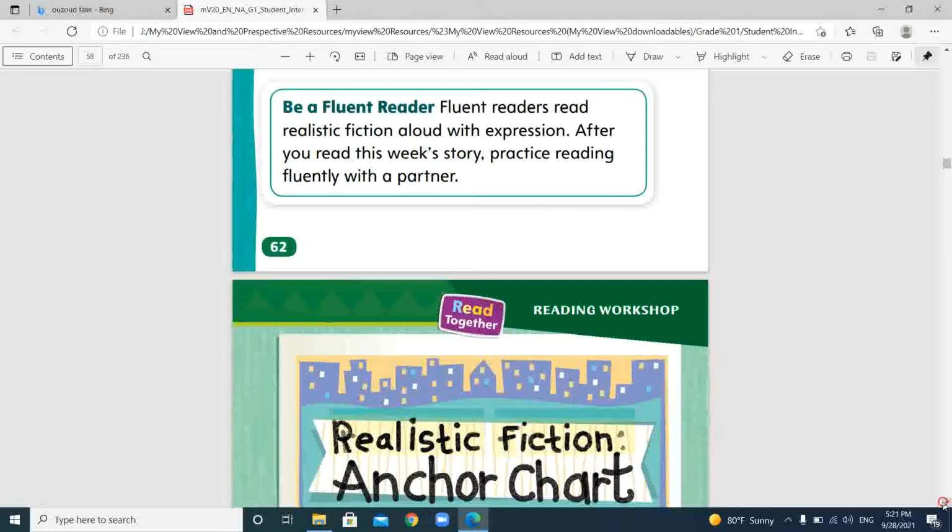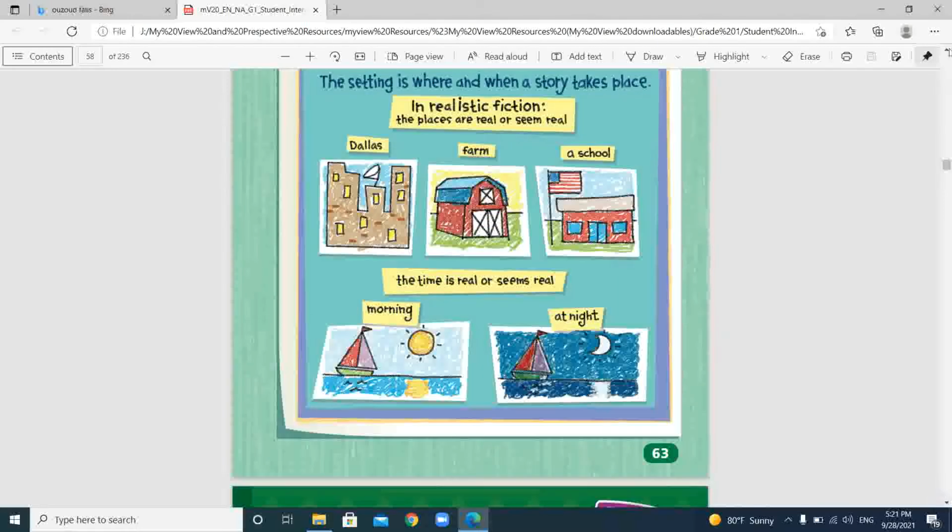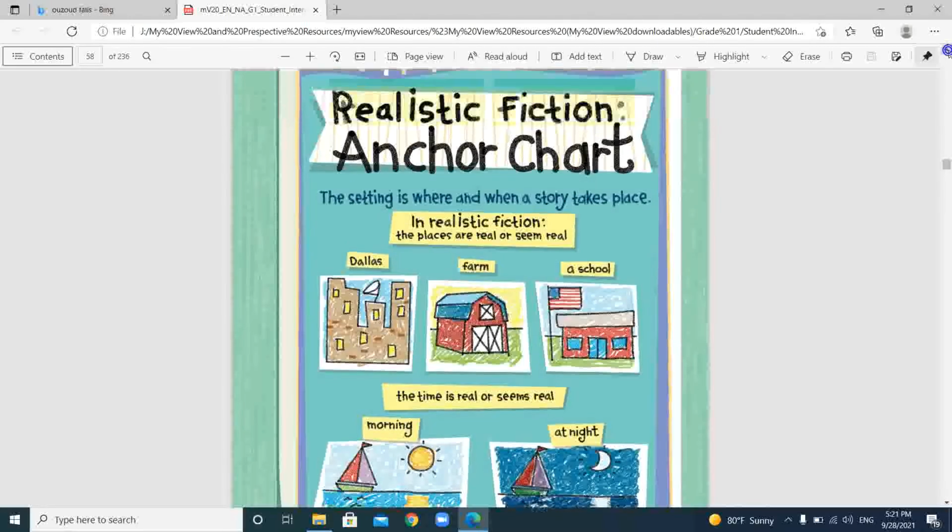I hope so. Alright, let's look at our anchor chart. Okay, the anchor chart here talks about the setting. The setting is where and when a story takes place. Okay, in a realistic fiction, the places are real or seem real. Okay, it can be in Dallas. Dallas is the name of a city, farm, a school.